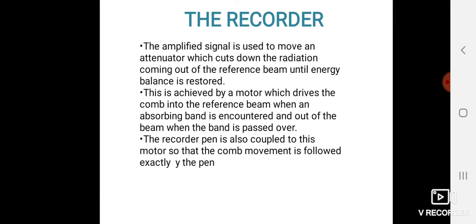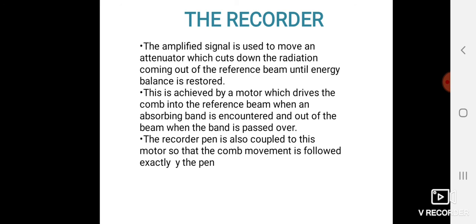Followed by that, there are recorders, which also partially amplify the signals. They are moved on an attenuator, which cuts down the radiation of the reference beam until the energy balance is restored. For this they use a motor which drives the comb into the reference beam first when an absorbing band is encountered, and out of the beam when the band has passed over.